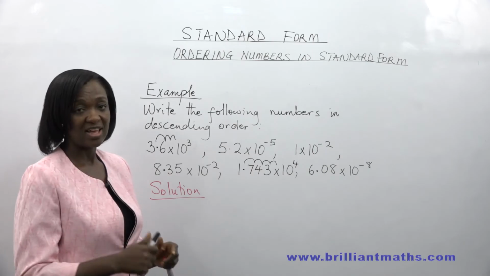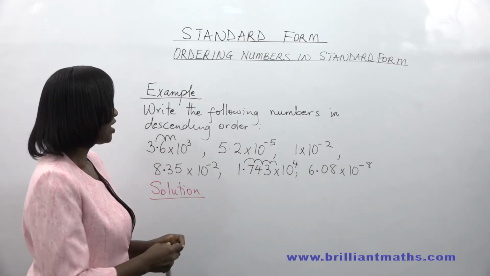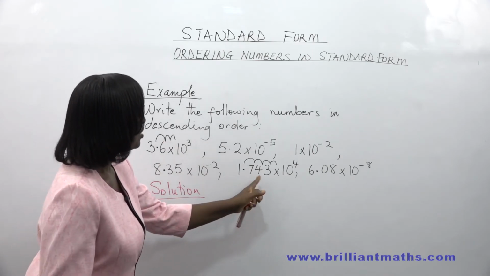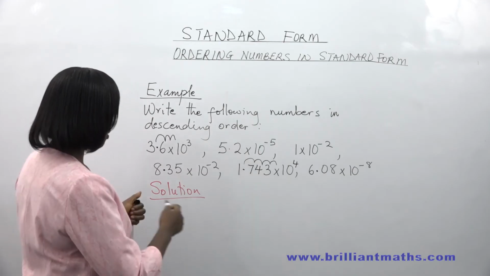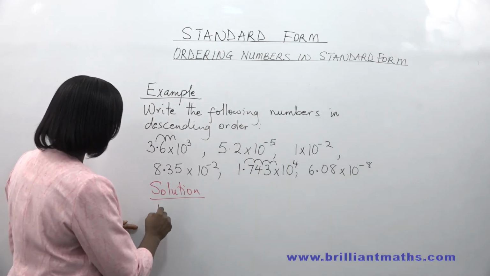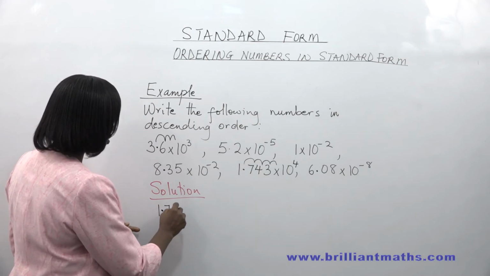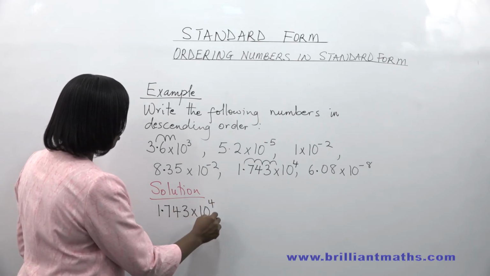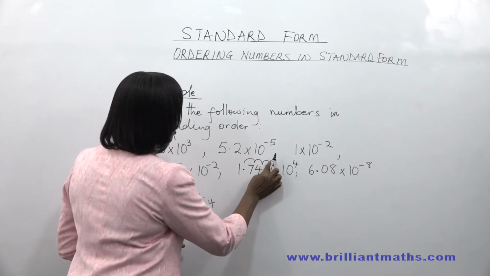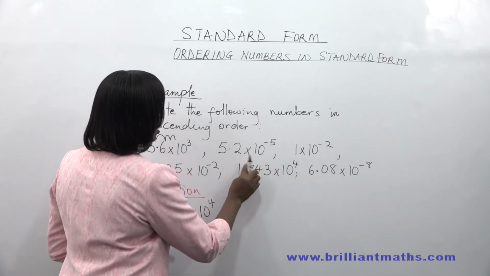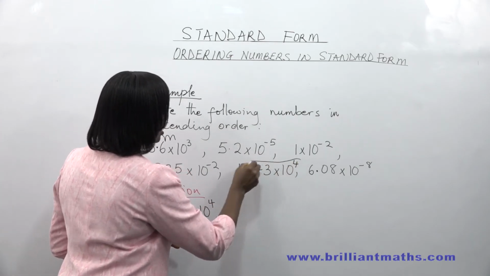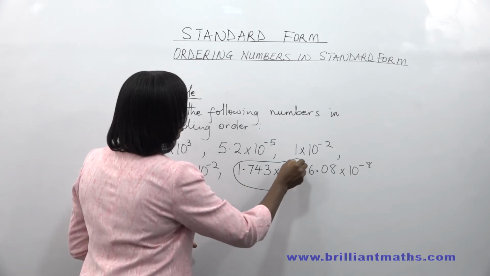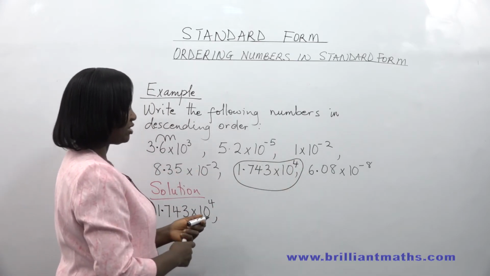So having said that, the biggest number here is 1.743 times 10 to the power 4. So we write that first, 1.743 times 10 to the power 4. So I'm going to take this out, and then I just circle this because I have done it already.